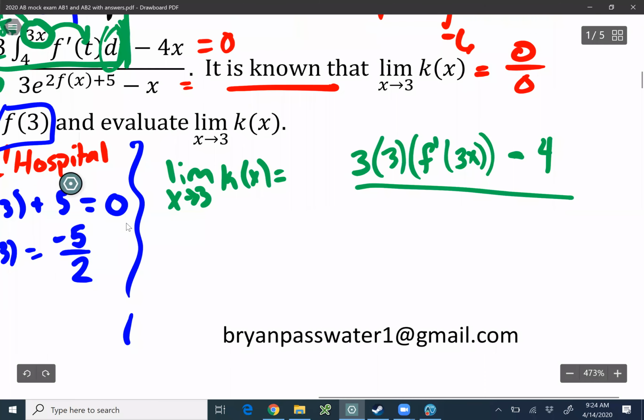So the derivative of the bottom, anytime we're taking the derivative of an e, we do chain rule on it. So it's 3 e to the box, right? So we're gonna leave everything the same.